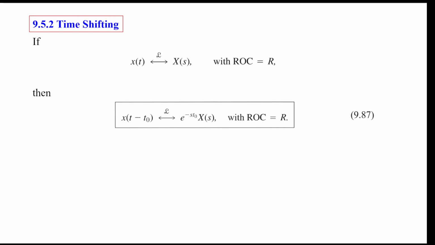In the Fourier transform case, s just becomes j omega, so you have e to the minus j omega t0 times big X of j omega. Okay, so this is just a complex extension of the Fourier transform time shifting property.